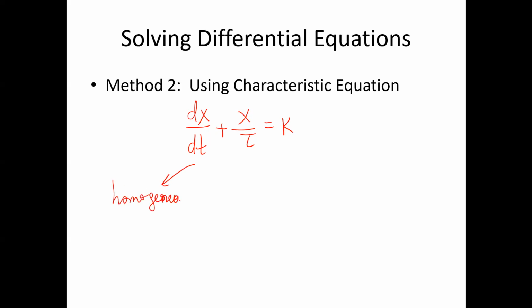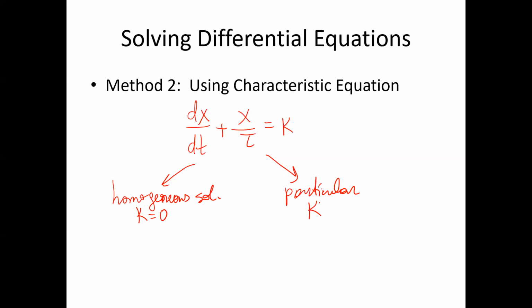The homogeneous solution is the case where k equals 0. It means that you have no open sources. The particular solution is the case where you now take a particular forcing function, assign it to your value of k here, and then see how the circuit behaves under those conditions.